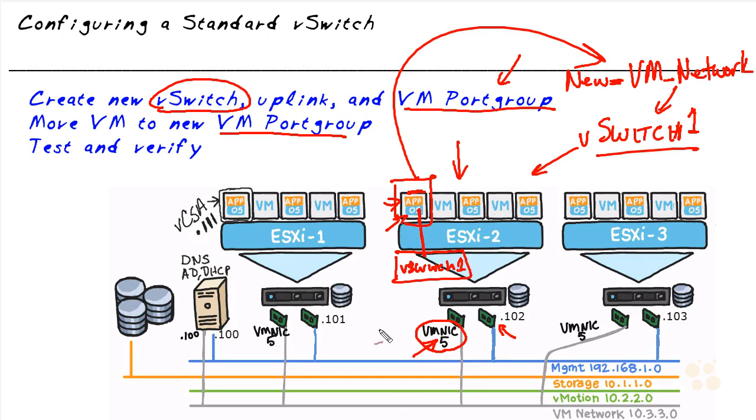And in this example, we're going to use this machine here, the Windows 2016 server, to also act as a router and network address translation device, supporting this VM network, the gray network right here. So if this VM has the default gateway of .100 and tries to send a packet out to 8.8.8.8, the traffic would be forwarded from the VM through the ESXi host down through the uplink using vmnic 5.